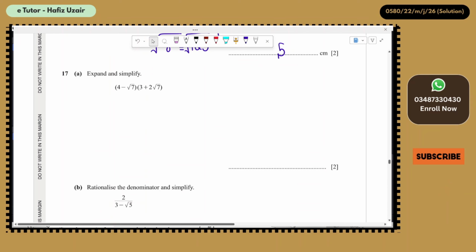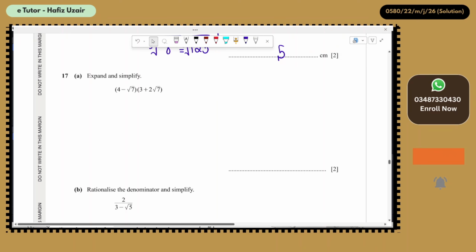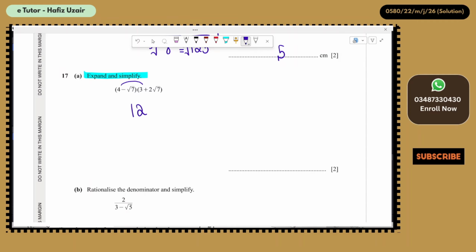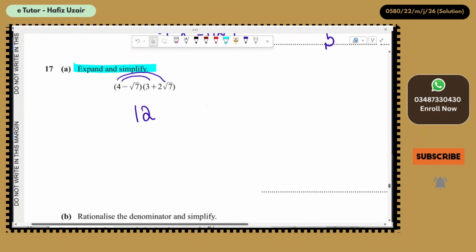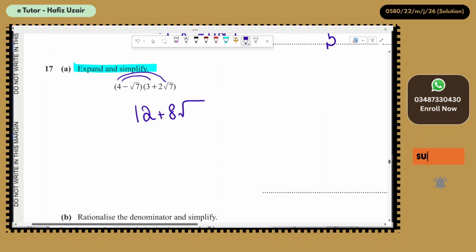Now let's do question number 17. In question number 17, you need to expand and simplify. If I multiply 4 with 3, I will get 12. If I multiply 4 with 2 root 7, that is 8 into square root 7. And if I multiply the next term, I will get minus 3 into square root 7. And multiplying these two terms gives minus 2 into square root 49.